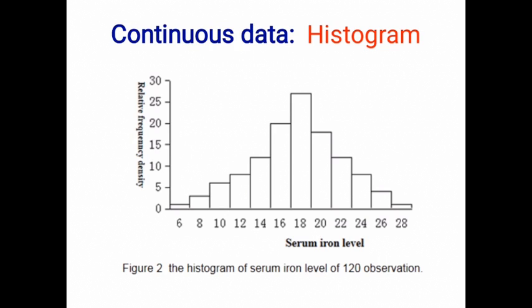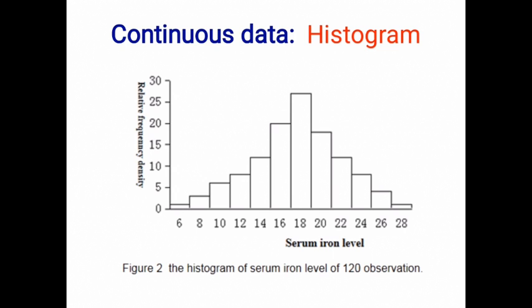Same as numerical discrete data, we can also represent the frequency table using a figure. This figure displays the frequency distribution of continuous data, and we call it a histogram. We take the intervals of values as the horizontal axis and the relative frequency density as the vertical axis.